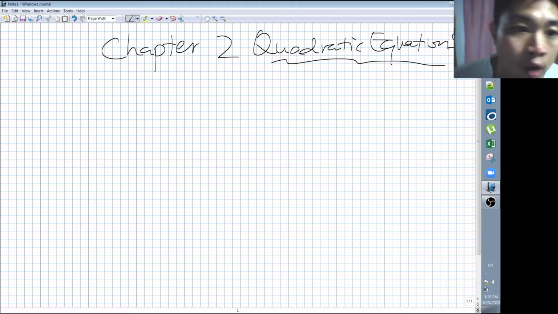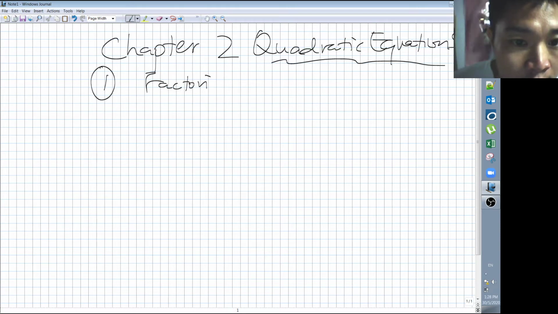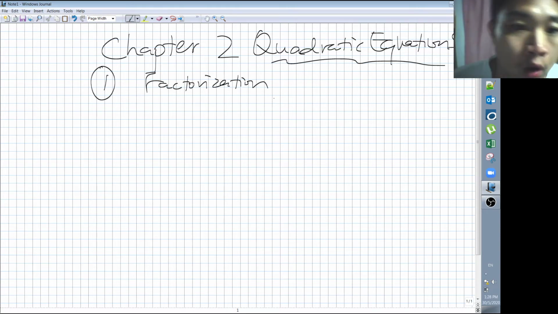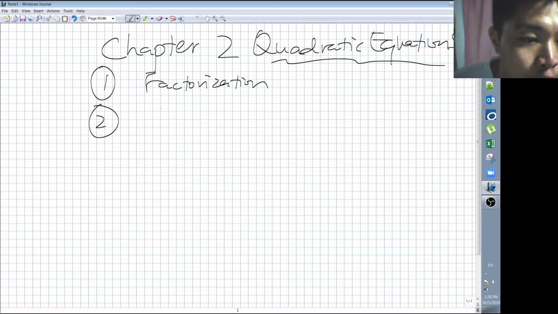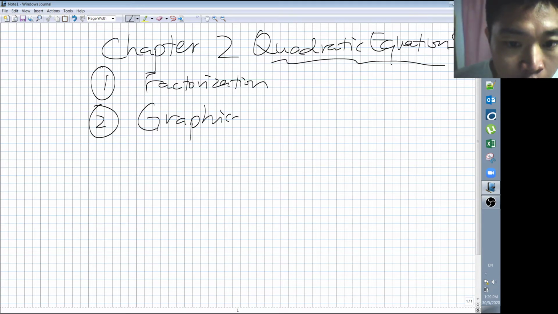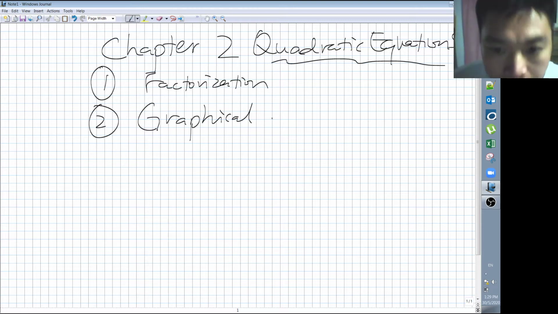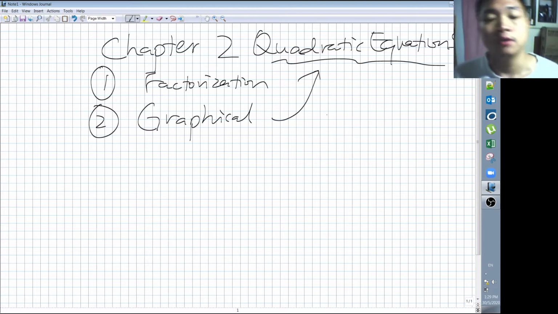So we talked about how we can use factorization methods to solve our quadratic equations. And today I'm going to teach how we can actually make use of the second method, which is a graphical method to solve a quadratic equation.